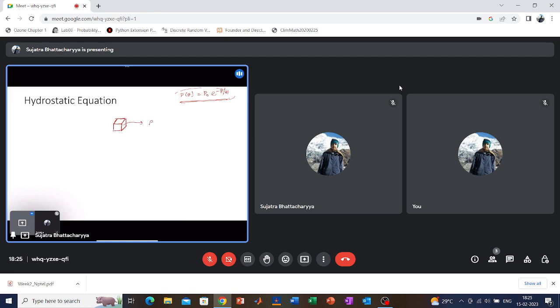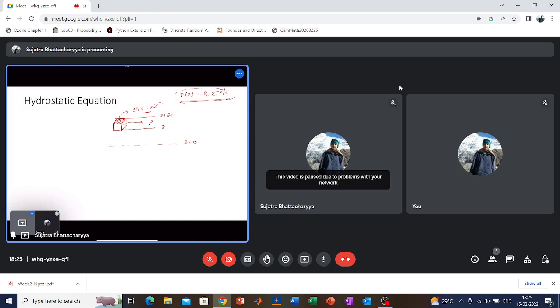The upper level is Z plus delta Z, and the lower level is Z, measured from a reference, say Z equal to 0. The area dA is 1 unit square. Let us consider this dA to be 1 unit square.